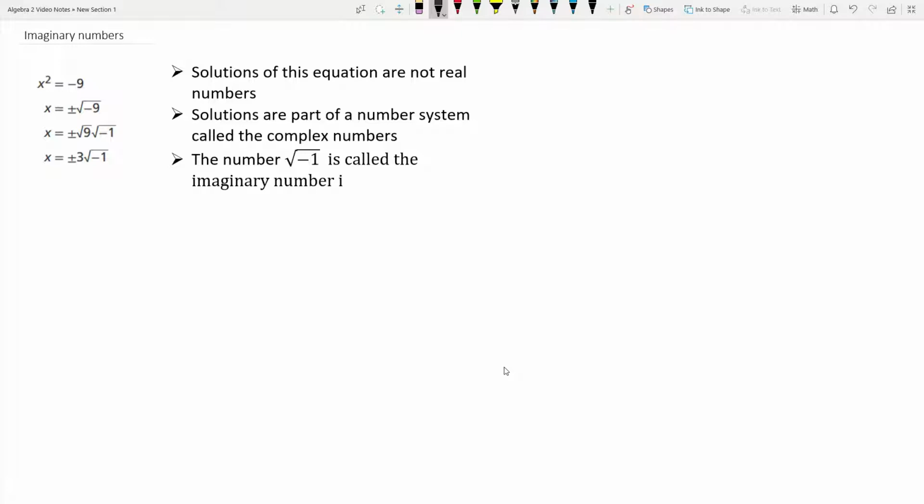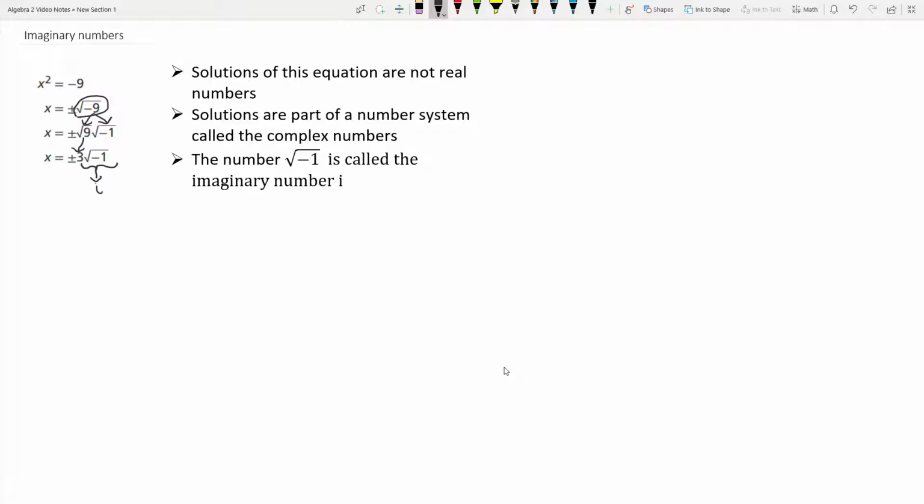Using the solution here, we break the square root of -9 into the square root of 9 and the square root of -1. The square root of 9 is 3, so we get x equals plus or minus 3 times the square root of -1. We have a new number system where this exists, and we call it i.